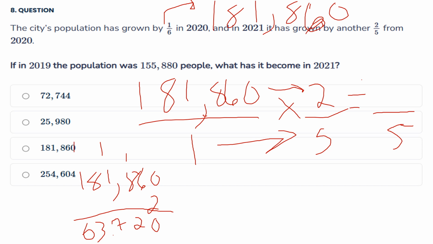Carry the 1. 2 times 1 is 2, plus 1 is 3. So we have 3, 6, 3, 7, 2, 0.